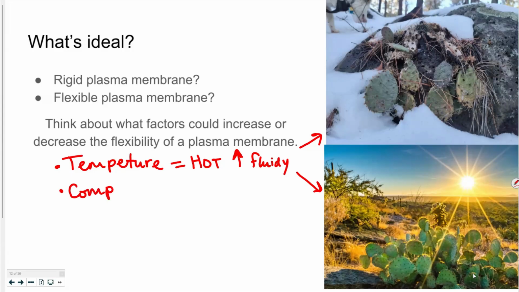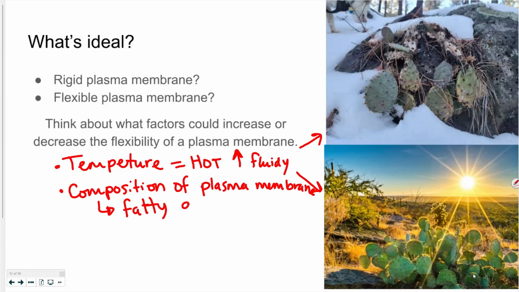Composition of your plasma membrane. Specifically, what kinds of fatty acids do you have in those fatty acid tails of those phospholipids? Are they saturated or are they unsaturated?